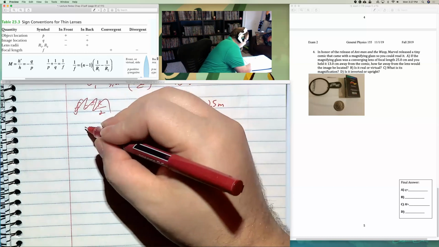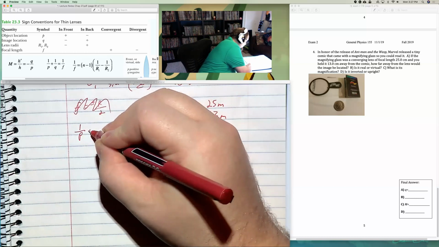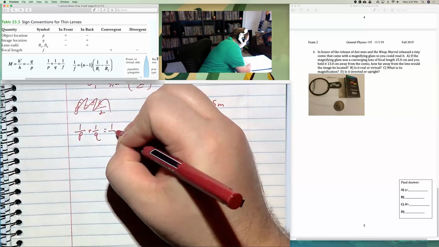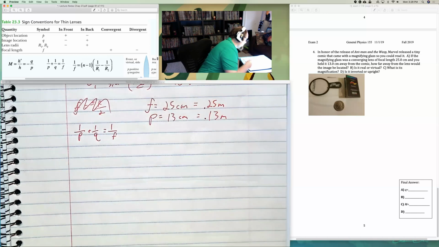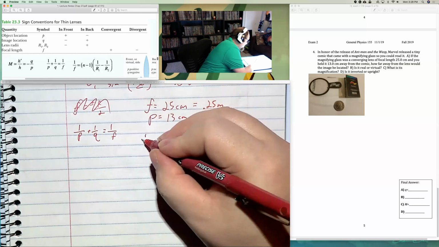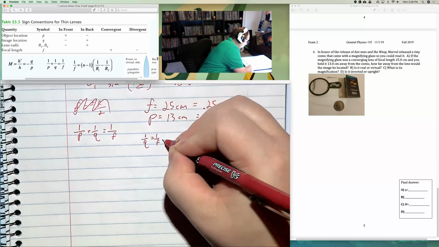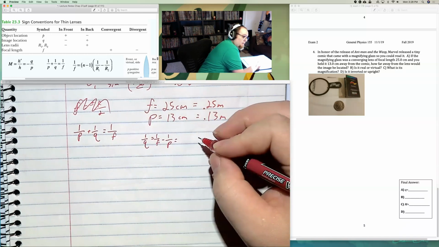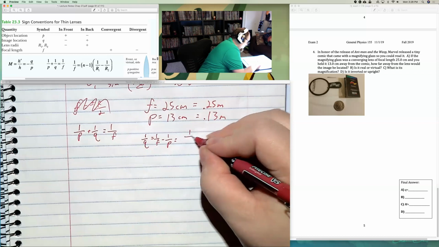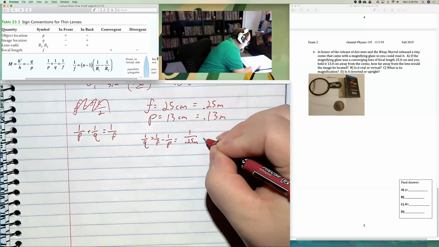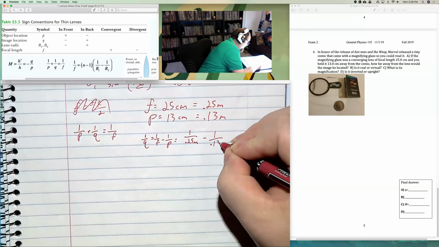Well, if we want to find the image, 1 over p plus 1 over q equals 1 over f. I'll subtract 1 over p from both sides, say 1 over q equals 1 over f minus 1 over p, which means it's 1 over 0.25 meters minus 1 over 0.13 meters.